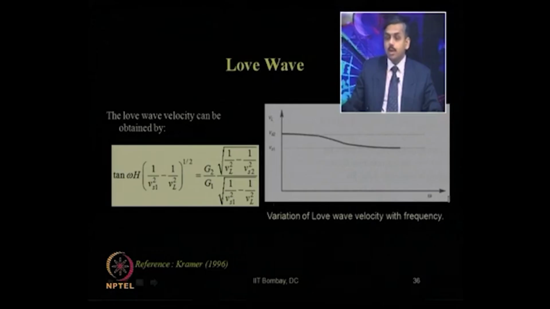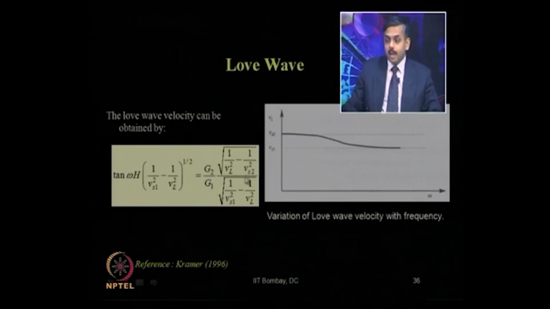So, this is the variation with respect to the frequency. If you want to estimate the Love wave velocity, and the condition is satisfied, then only can we formulate it. The material properties of the elastic half space and surficial layer should be known to us, that is, G2 and G1 should be known to us.